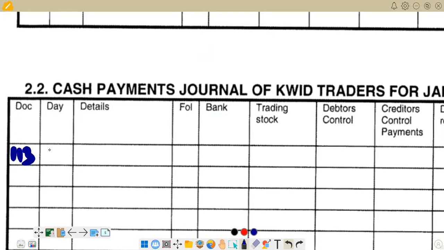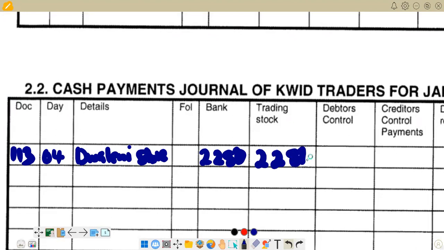And then the day, it's 04. And then on the details, this is Dwaleni store, remember? Then we can skip the column portfolio. Then for bank, we've got 2,280. Remember, after removing that trade discount, we found 2,280. And we said what we are purchasing is merchandise, which is trading stock. So we also put in the column for trading stock, which is 2,280.